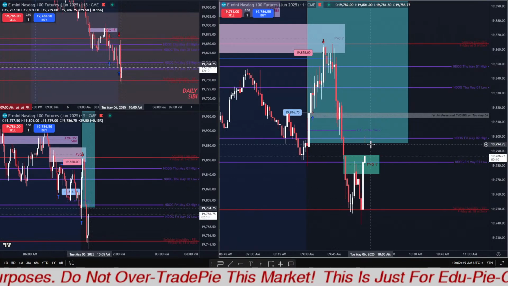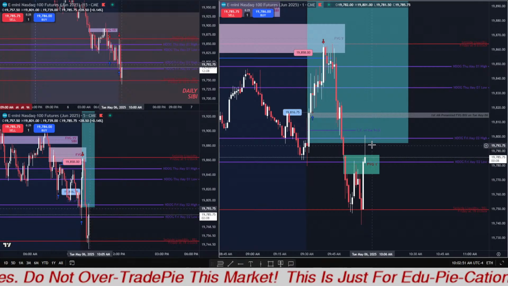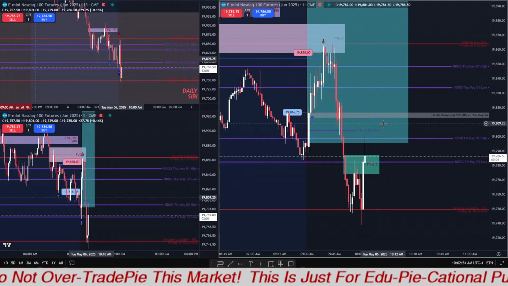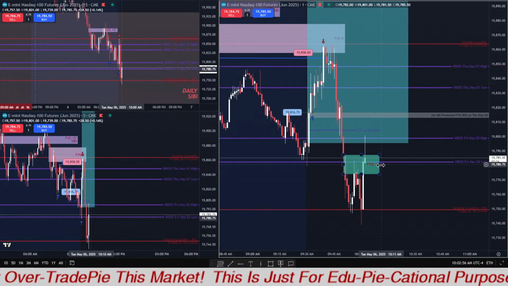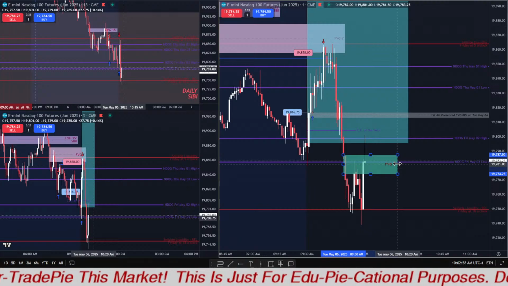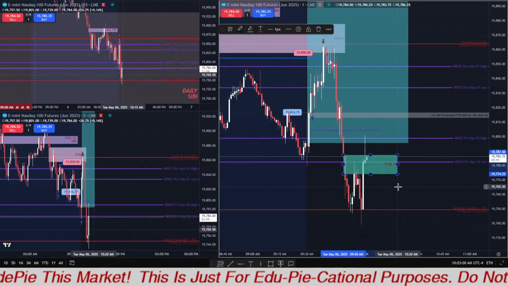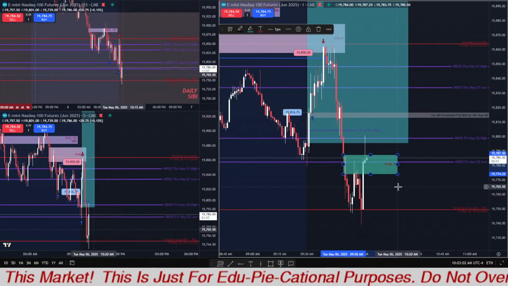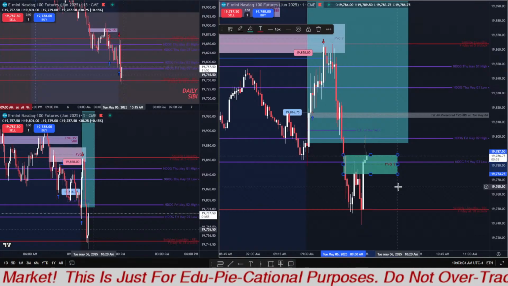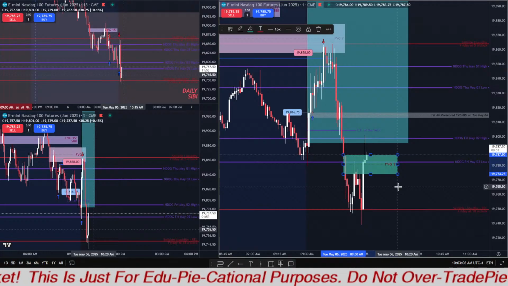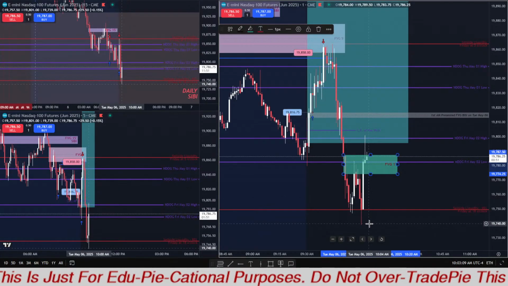If we can close above this fair value gap over here and come back to this fair value gap, I'm expecting this to act as an inversion fair value gap. But so far, we couldn't validate this as an inversion fair value gap.